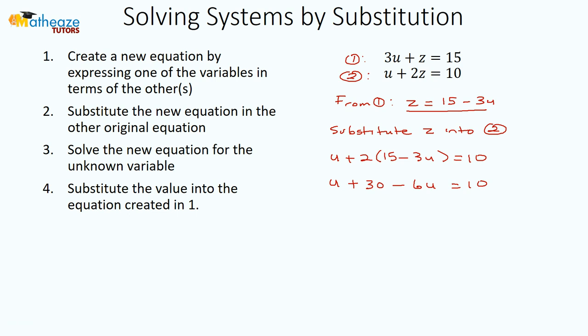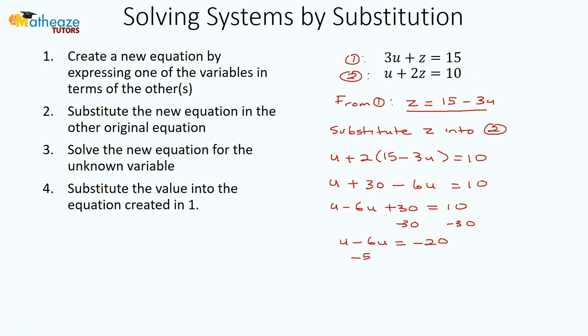So now let's combine common terms. u minus 6u plus 30 equal to 10. We can subtract 30 here, subtract 30 here. So u minus 6u equal to minus 20.